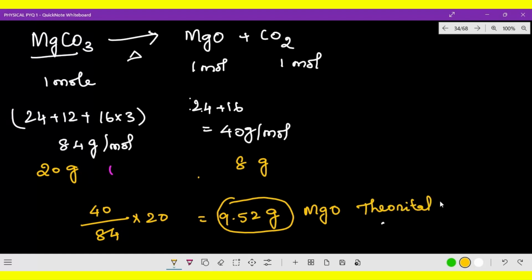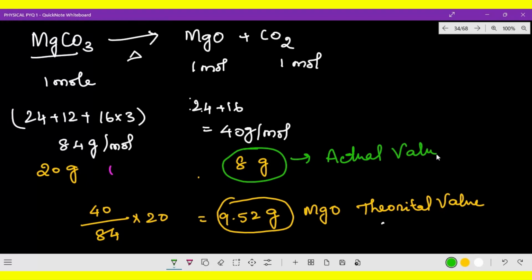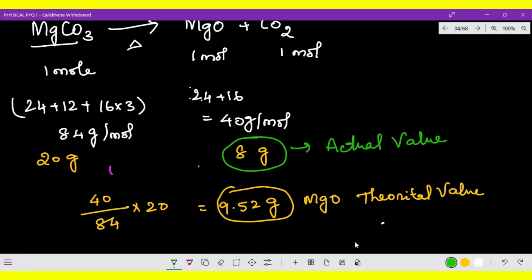Why I'm bringing up the theoretical value over here is because they have given 8 gram, which is actually the actual value. This is the theoretical value. Now we are going to check the mass purity, that is what the question asks.